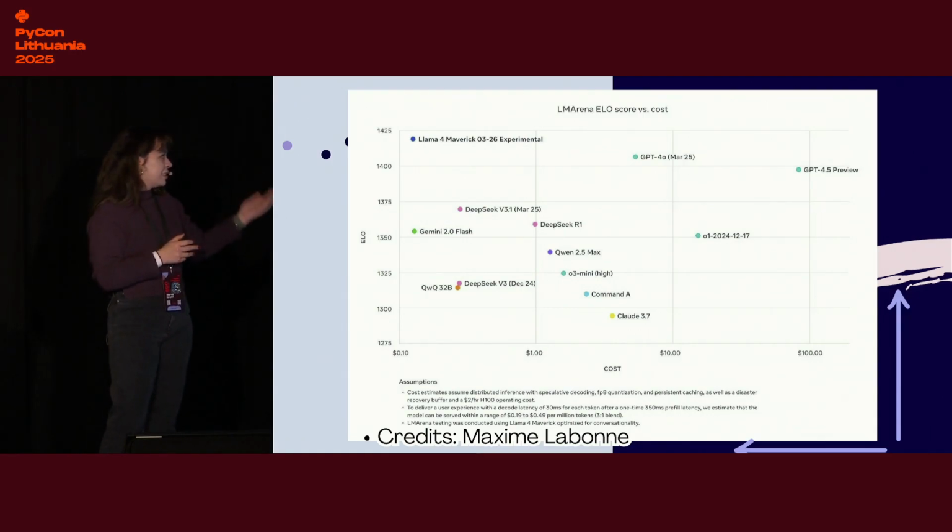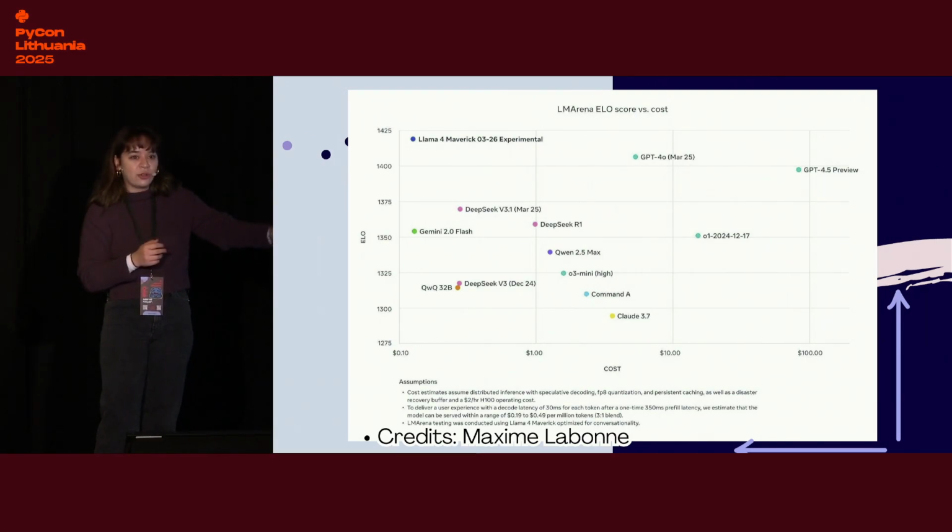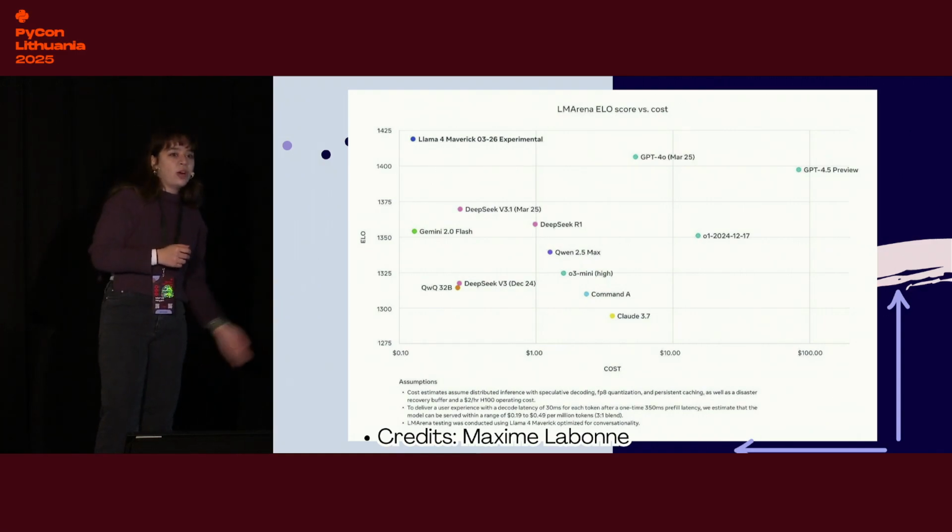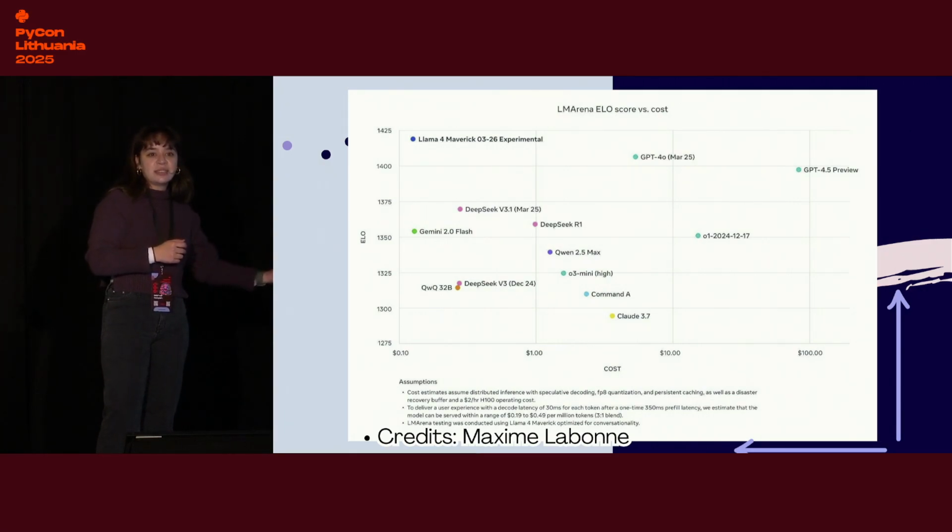On the y-axis of this graph, you see the LM Arena score, and on the x-axis, you see the cost to serve the model. We want to go up and left. We want the least costly model to be the most preferred by humans.